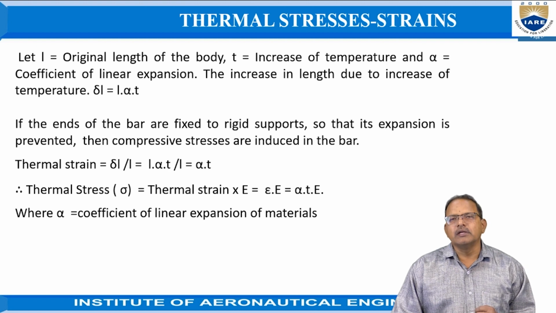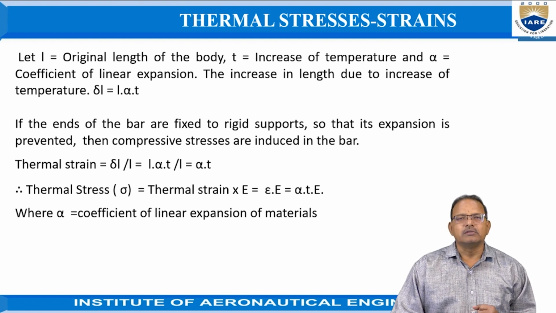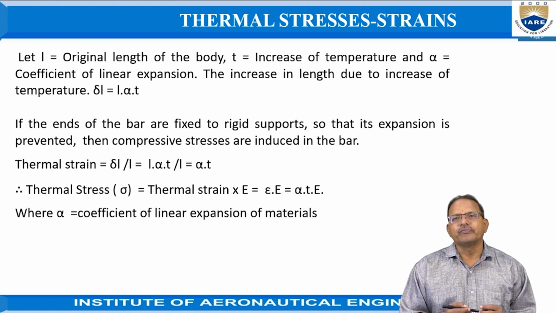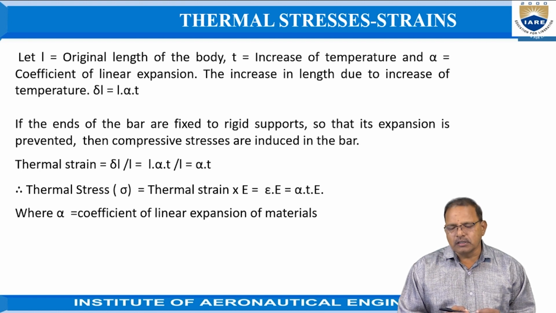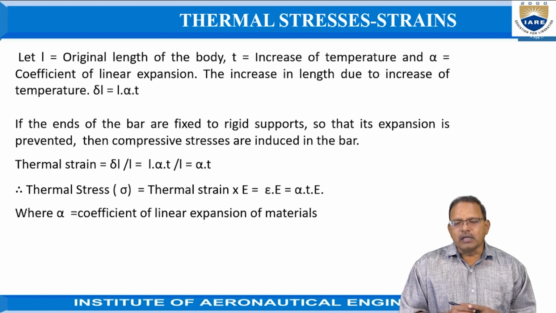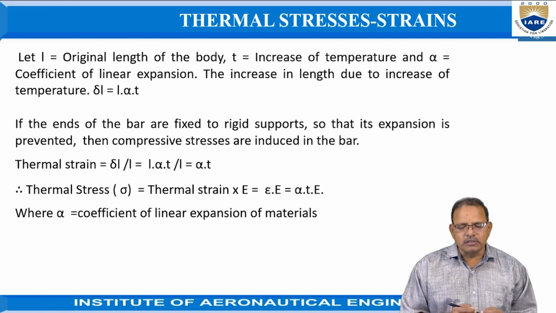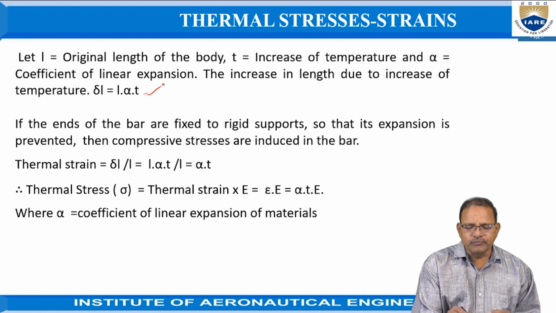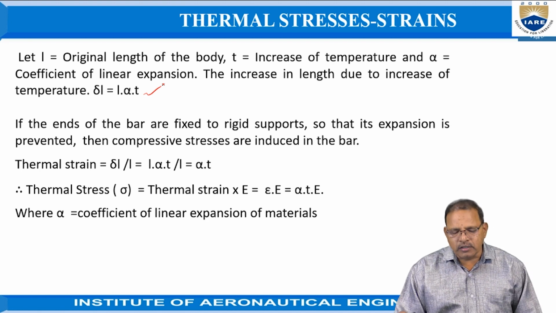Assume the temperature of the object increases from 0 to T, and alpha represents the coefficient of linear expansion of the material. Because of the increase in temperature, the increase in length is given by the relation delta L is equal to L into alpha into T.